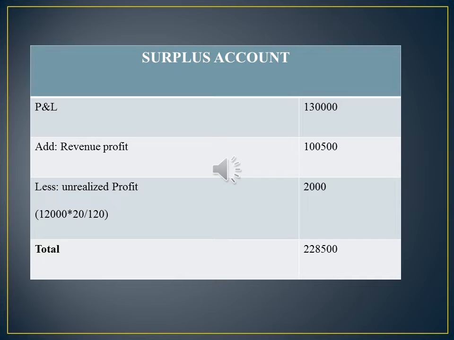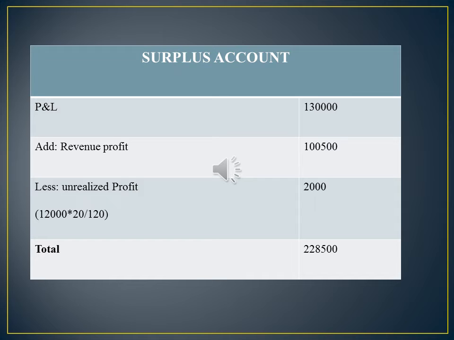First item which you should take for calculating surplus account is profit and loss. It is 1,30,000 which is given in the balance sheet, and you should add the revenue profit of holding company, 1,50,000 rupees, and you should deduct unrealized profit. For calculating unrealized profit, you should first identify the amount of stock which is purchased, and it is given in the question, 12,000 rupees. And in the question it is defined as B limited sells goods at 20% above cost.